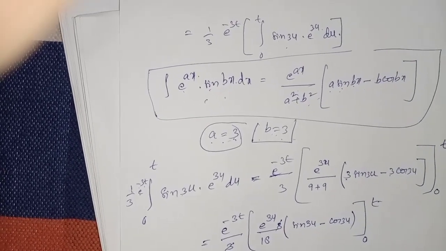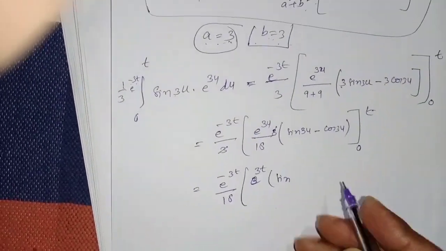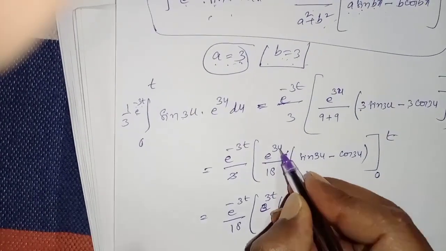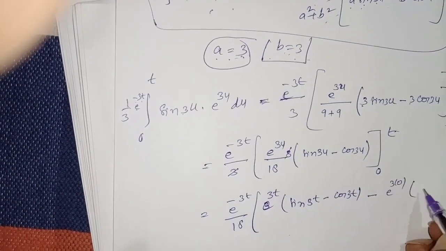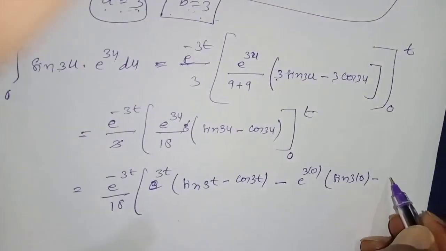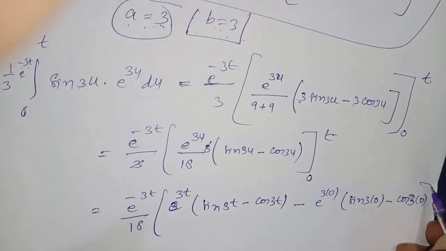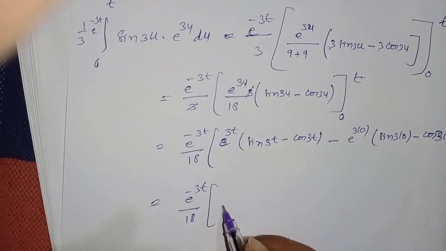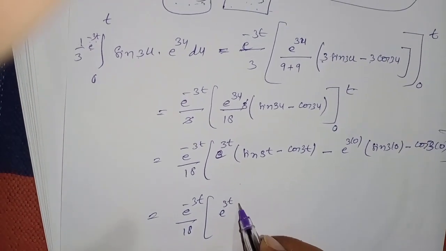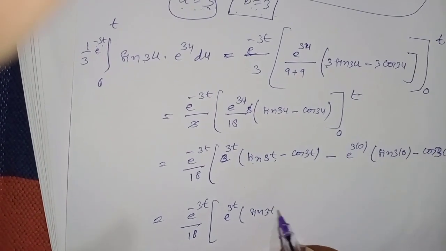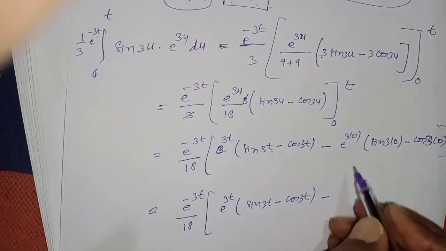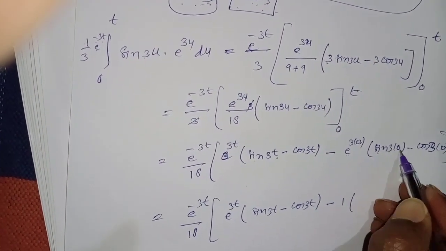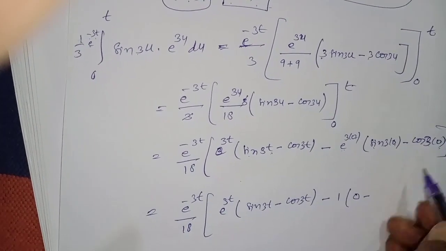E to the power of 3 into t sine 3t minus cos 3t minus, substitute the lower limit here, e to the power of 3 into 0 into sine 3 into 0 minus cos 3 into 0, that is equal to e to the power of minus 3t by 18 whole into e to the power of 3t into sine 3t minus cos 3t minus e to the power of 3 into 0 is 0, so e power 0 is 1. 1 into sine 3 into 0, this is 0, minus cos 3 into 0, this is 1.